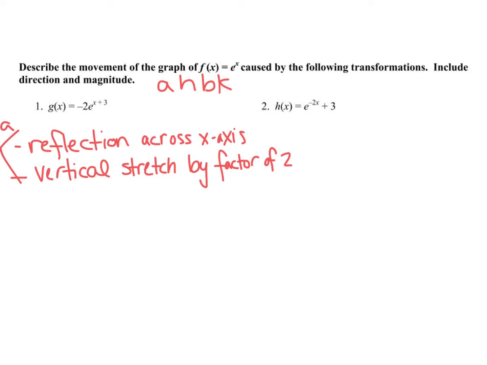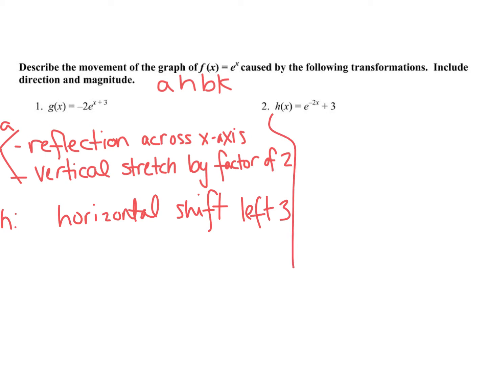That's whatever is added or subtracted to my x. So my h is 3, and so that implies a horizontal shift, and it's opposite of the direction I see. So horizontal shift left 3 units. There are no other values. I don't have a b or a k, so I can move on to my second one.